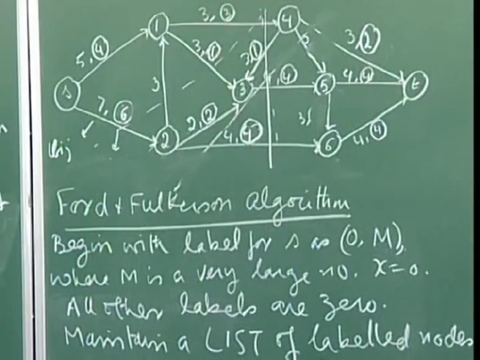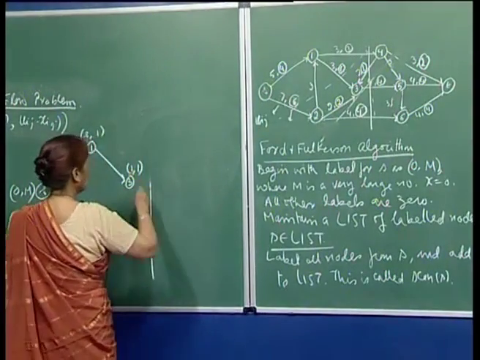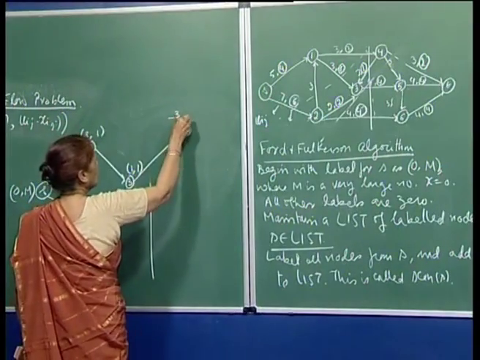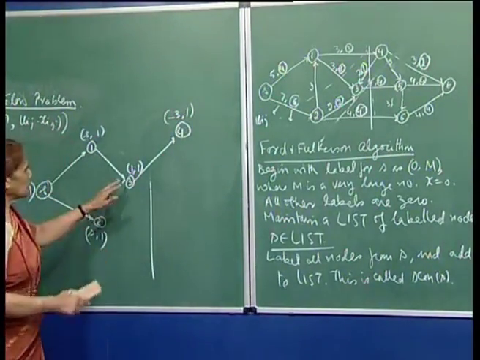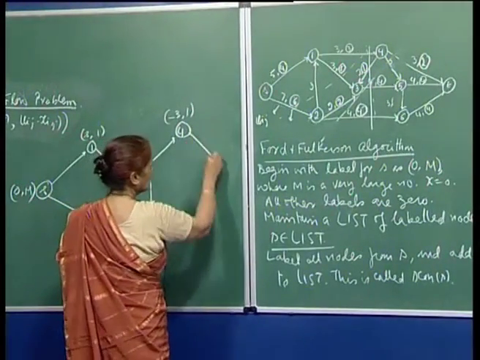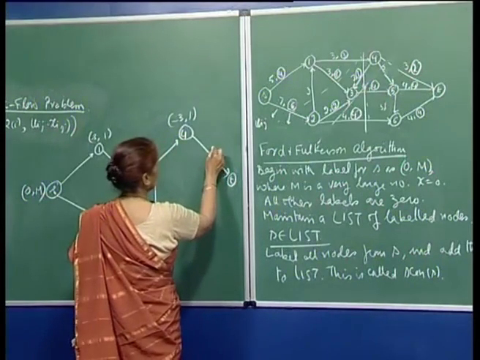So once this is there, I can label 4 from 3, right? So from 3 you can label 4, and this will be minus 3 and 1, because you have flow on 4 3. So again you can find an augmenting path.